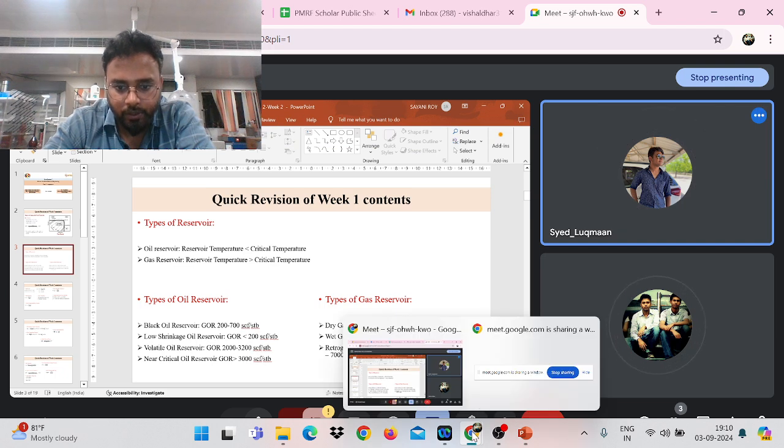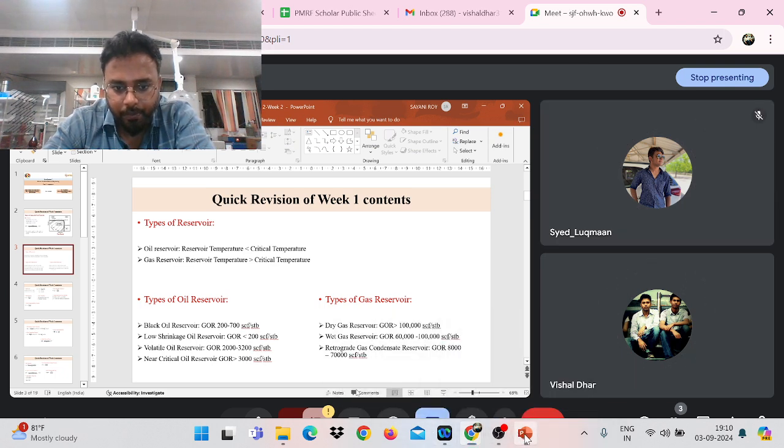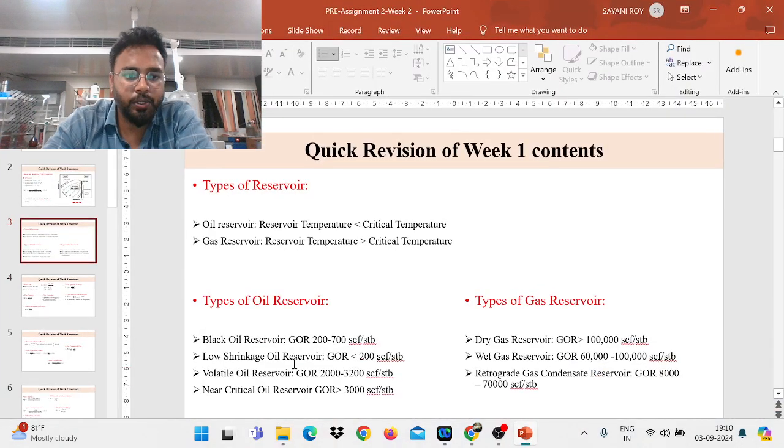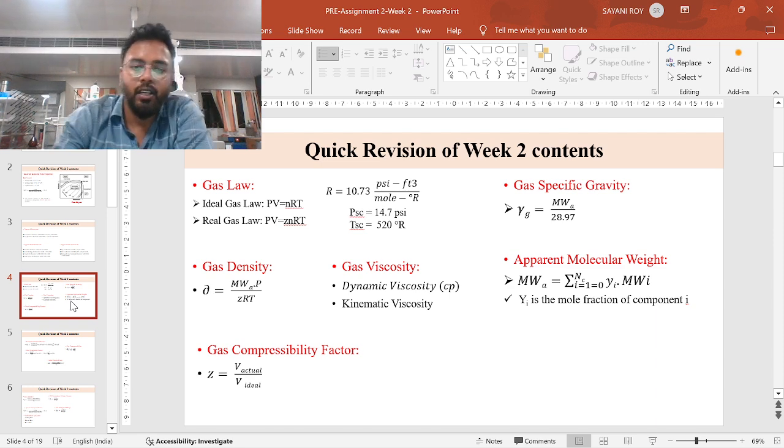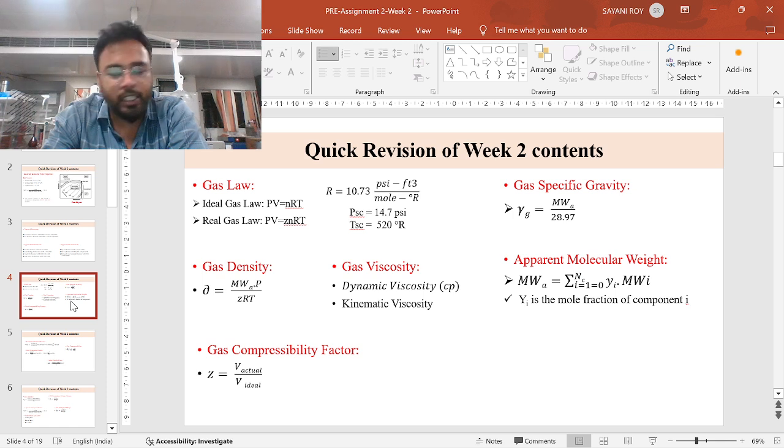Okay, let me go to the next slide. In today's class, I have mainly given the formulas that we'll be using to solve the numericals. I have not gone into the detail of the theoretical part because there are numericals to solve and we'll need time for that. For the gas law, there is the ideal gas law and the real gas law. For the ideal gas law, the formula is PV equal to nRT.